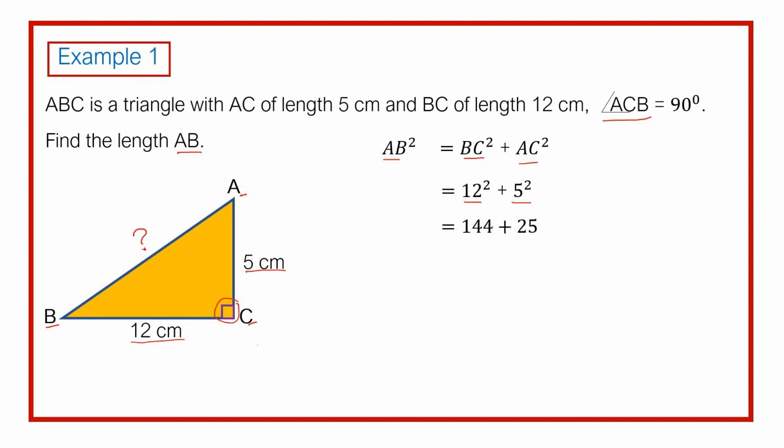So 12 squared is 144. 5 squared is 25, and the sum is 169. So we will take the square root of 169 in order to know the length of AB.